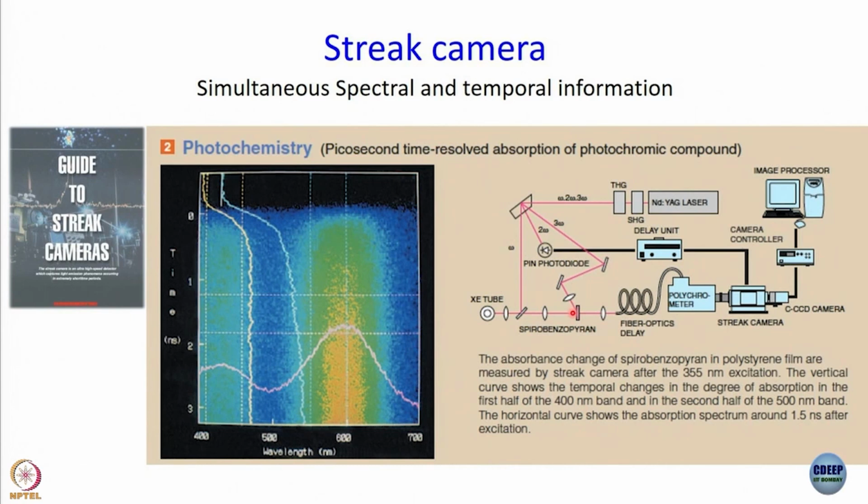Okay, 3 omega, 355 nanometer pulses are exciting the sample. Then omega goes here to this XC tube, generates white light. White light goes back to this. You see, on this sample, you have a pump beam and a probe beam. So, what you see here is actually transient absorption.